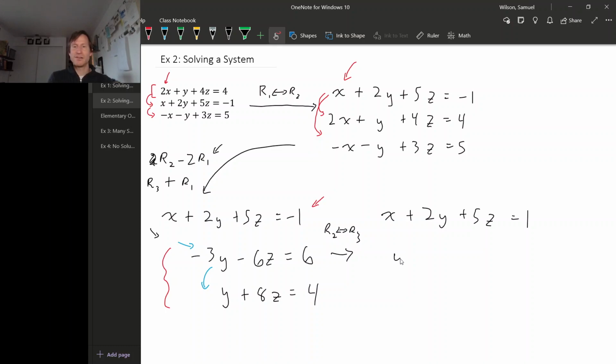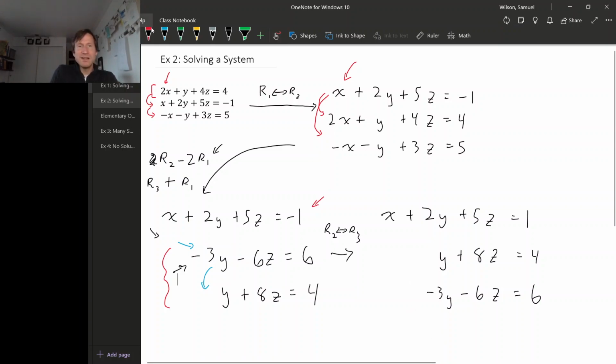That's going to give us y plus 8z equals 4, and minus 3y minus 6z equals 6. We could also have divided the second equation by -3. That would have also worked. Okay, now we need to use our y right here to get rid of that 3y.